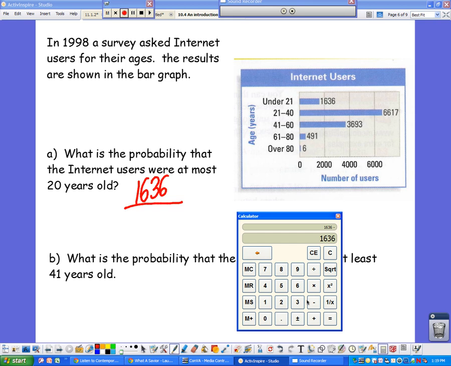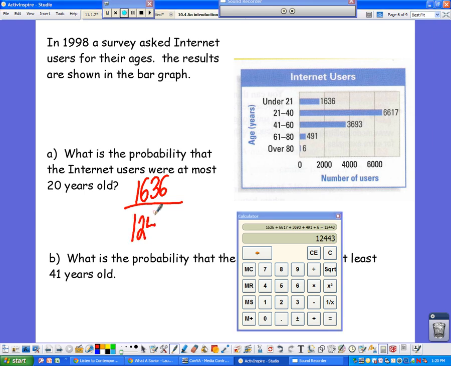So we're going to add them up, 1636 plus 6,617 plus 3693 plus 491 plus 6, and we get a grand total of 12,443.